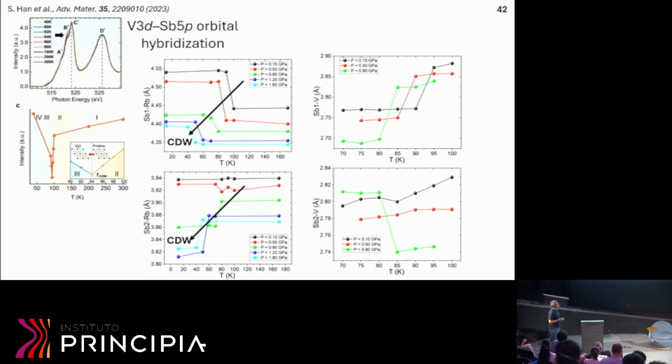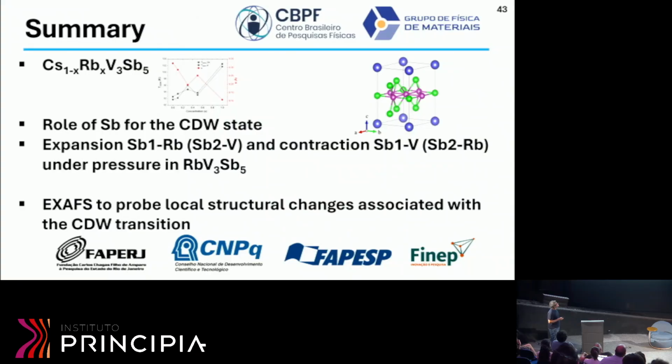Okay. So, faster. And so here's the summary of my talk. We grew some samples of rubidium doped in cesium samples. We see an increase of the charge density wave, and the decrease of superconductivity.